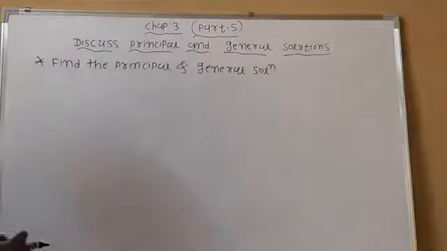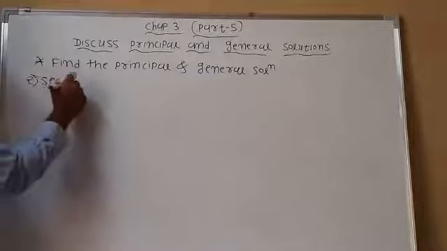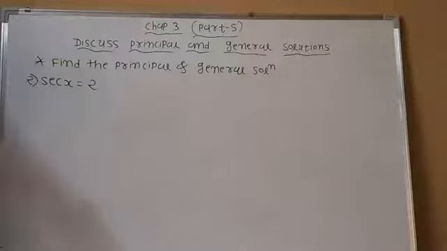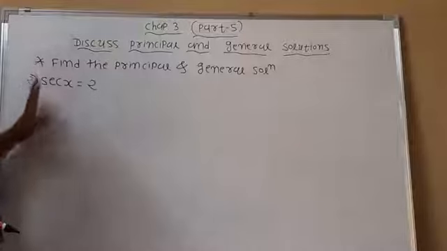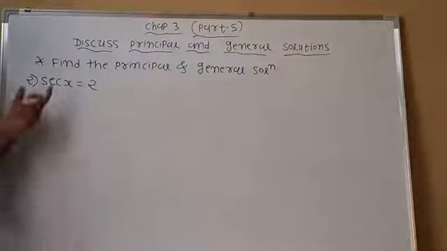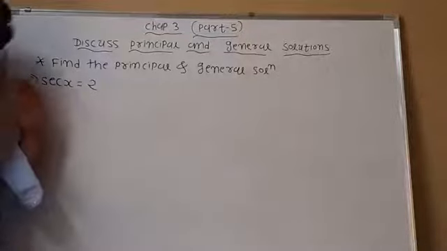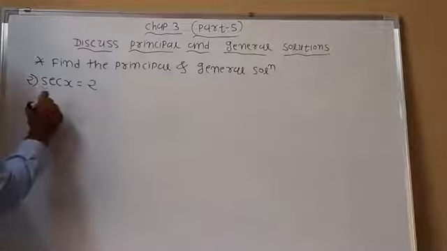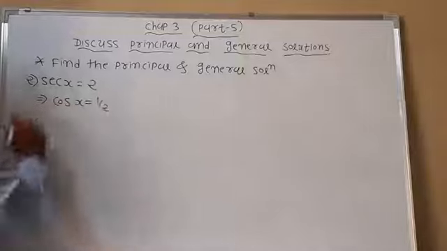In the second question, sec x is equal to 2 is present. But our general solution and principal value are present in sine, cos, tan form. So first, our first step, sec x convert into the form of cos x. So how can it be converted? So our first step, here written cos x is equal to 1 by 2.